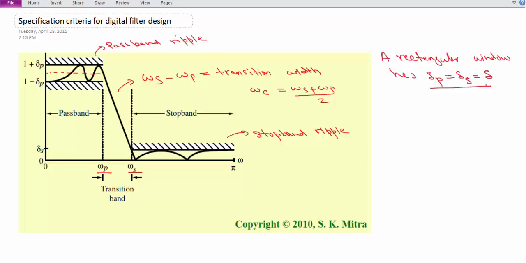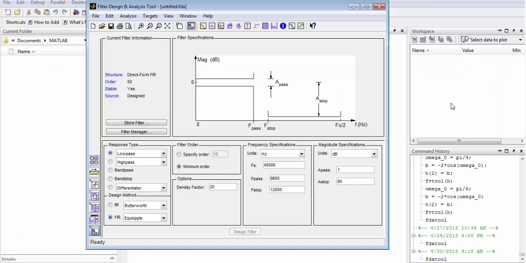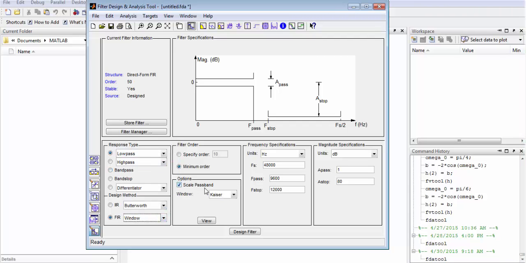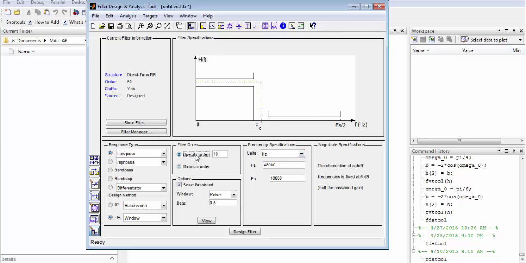The longer the filter, the smaller the transition width, but the price is you are now using more resources, you have more numbers to store, more computations. So we'll quickly go through this example where we convince ourselves that that is the case.